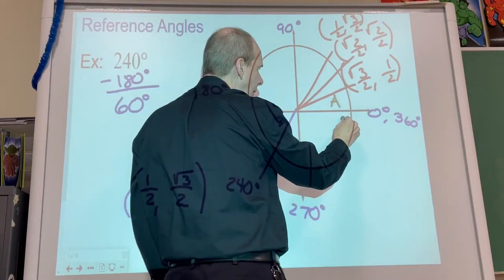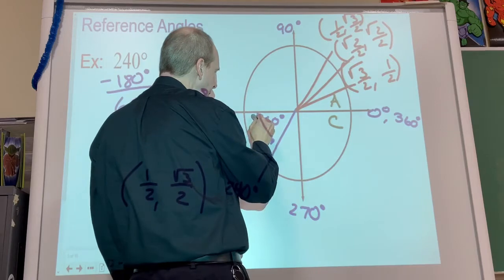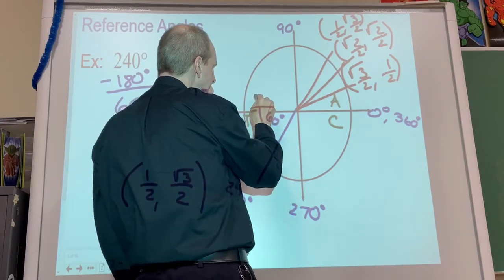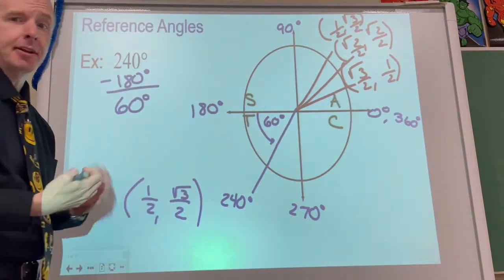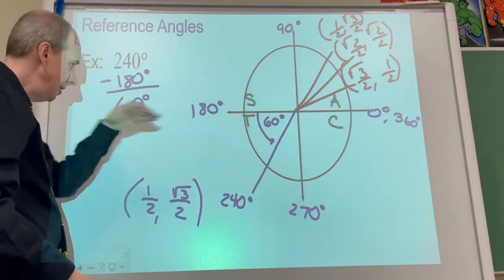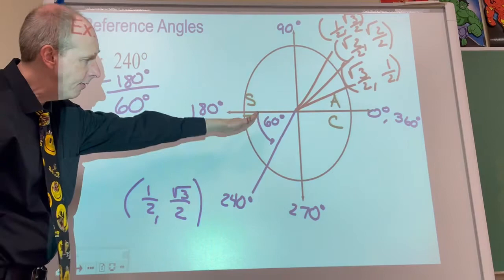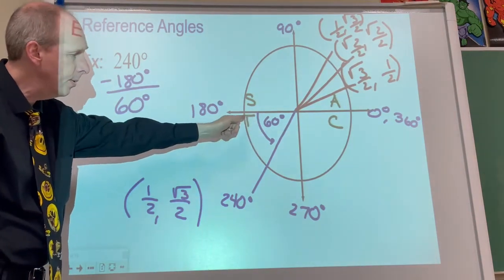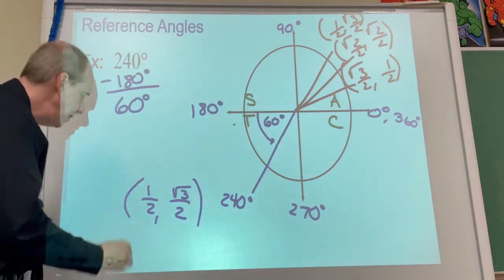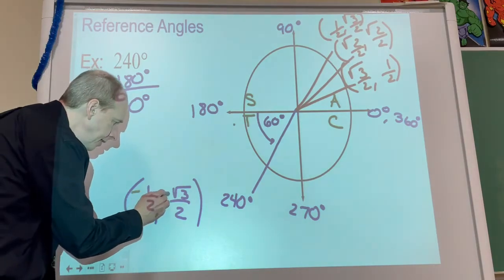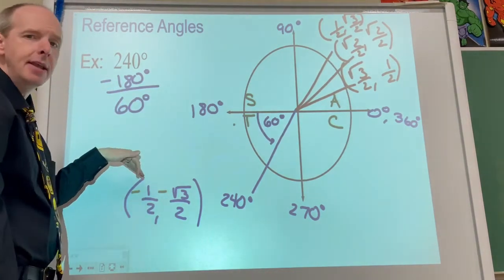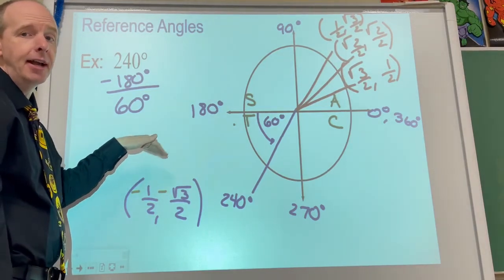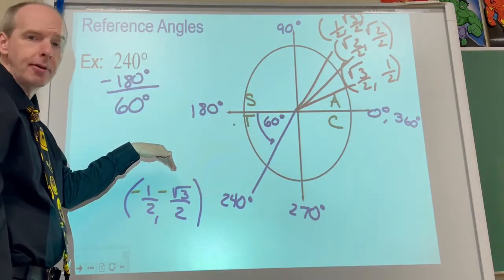Down here, only cosine's positive, only tangent's positive, only sine is positive. Remember our ACTs? We've studied all year for our ACTs. So in this quadrant where 240 degrees is at, only tangent is positive. You know what that tells me? Cosine's negative, sine's negative. Cosine of 240, -1/2. Sine of 240, negative radical 3 over 2.